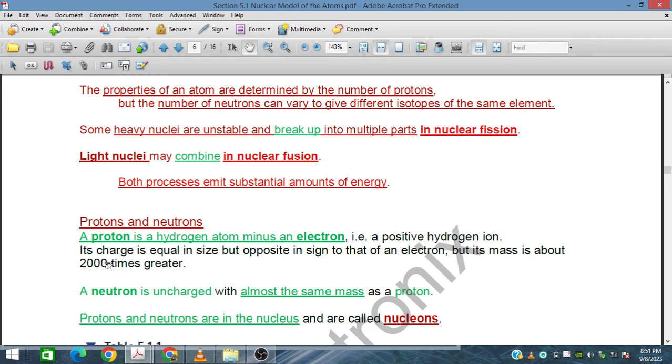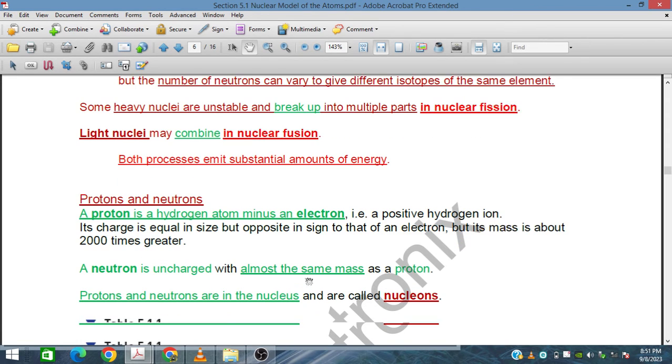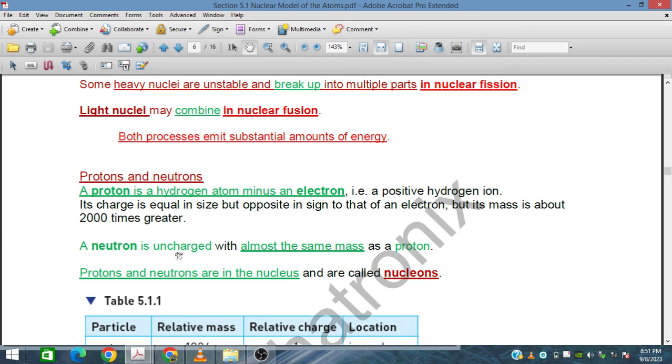The electron charge is negative, the proton charge is positive, but the proton's mass is almost 2000 times greater than the electron's. So the neutron is uncharged with almost the same mass as a proton.